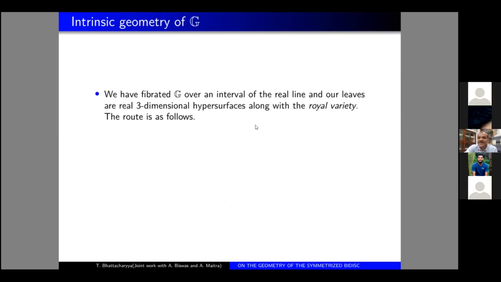And in this case, our leaves, the fibers, which are the orbits, are three-dimensional hypersurfaces, almost always, except one. So there is only one exception. All the fibers are three-dimensional hypersurfaces in C2, except one fiber, which is the disk in the form of the royal variety.